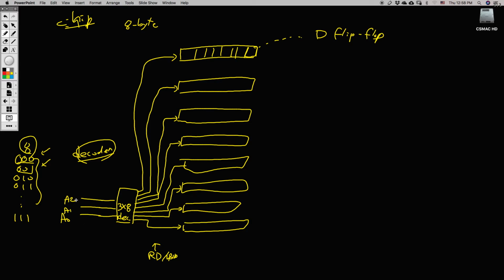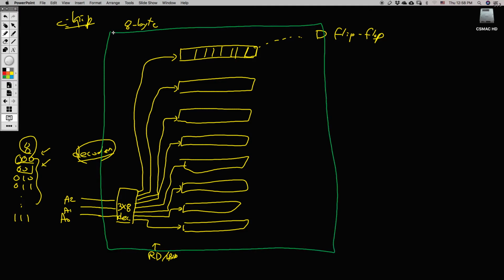And then when the address is placed, we select one of the 8 bytes. Then the data should be available outside. So now we are ready to draw the outline of the chip. The outline of the chip is something like this. This green box is the inside of the chip.